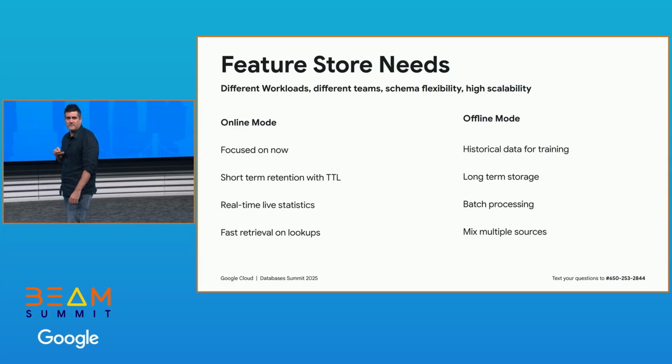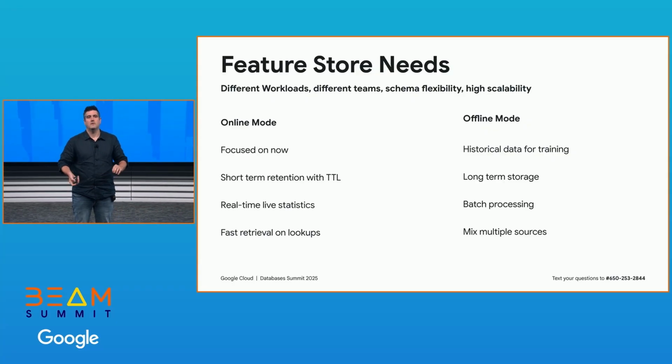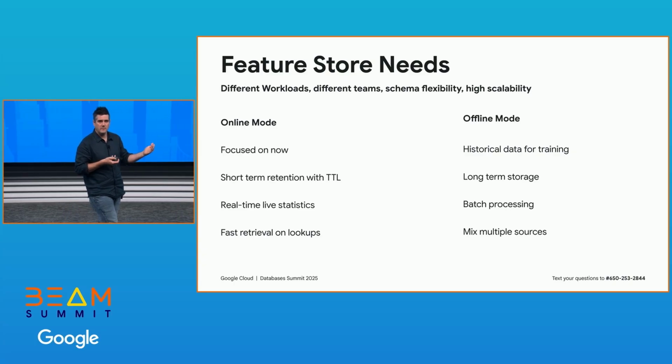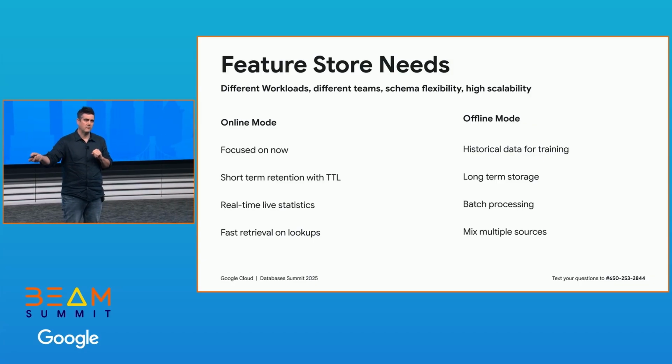And so when I look at a feature store, generally there's two different modes that you go into. You'll have these online modes that are focused on right now, like give me that prediction. You want short-term retention, so you want things like TTL to get rid of the old data that you don't need. You want the real-time statistics, and you want that very fast retrieval, because there's a user sitting at a website, and you have to respond or give them a prediction about what they should go purchase next.